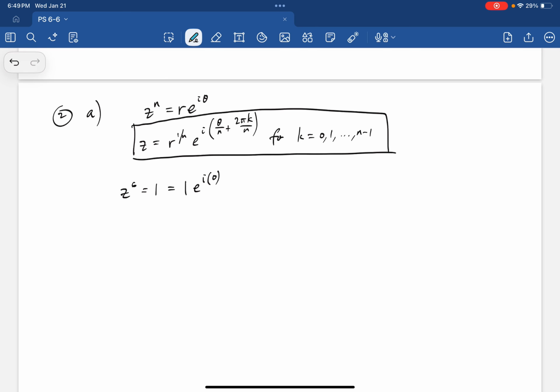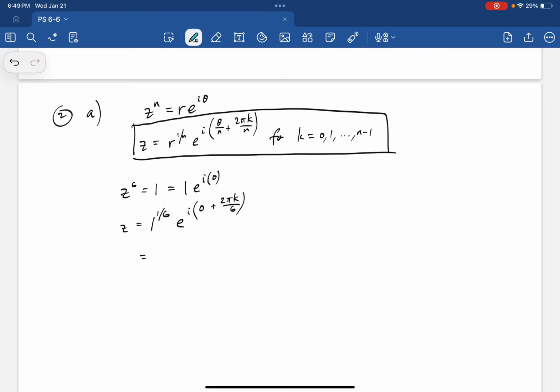And so if you apply the formula, r is 1, so it's 1 to the power of 1/6, which is just 1, obviously, times e to the power of i times theta over 6, which is 0, plus 2 pi k over 6.